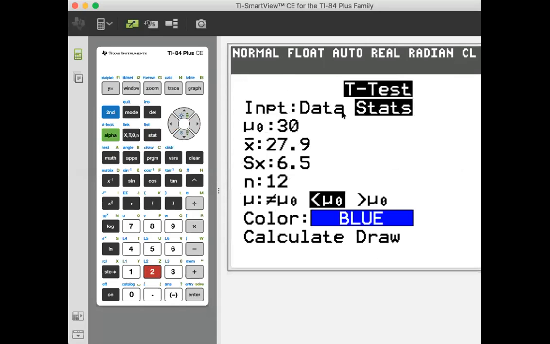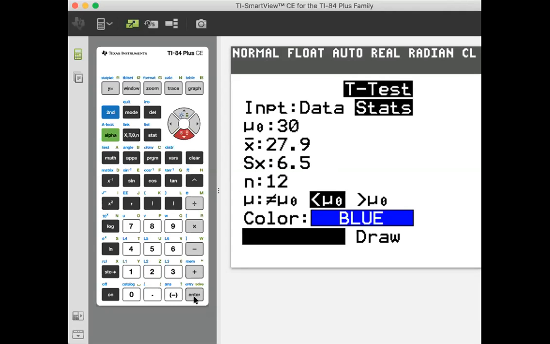We would make sure stats is highlighted, and we would enter the assumed value for mu, 30, the mean of the sample, 27.9, the standard deviation of the sample, 6.5, and the sample size, 12. And then we would identify the relationship in the alternate hypothesis, that the mean is less than 30.